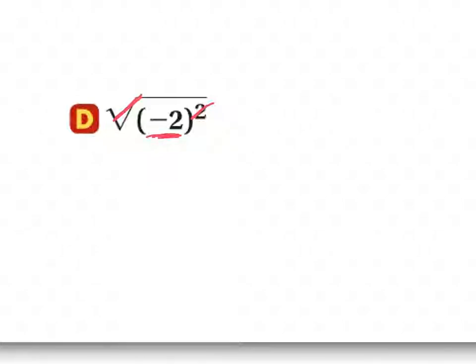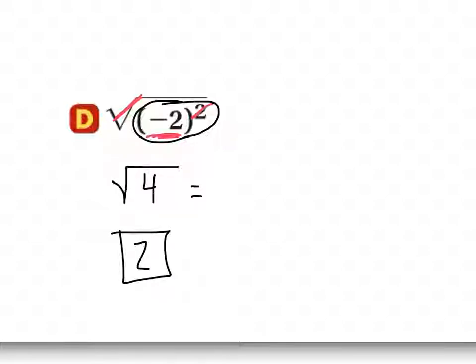We have to evaluate negative 2 squared. What is that? 4. Negative 2 squared is a positive 4. And now we can say, okay, what is the square root of 4? 2. Once it's positive in there, then if you wanted to think of it as 2 squared and cancel the exponents, that's fine. But when you have a negative in there raised to a power, you have to evaluate that first.